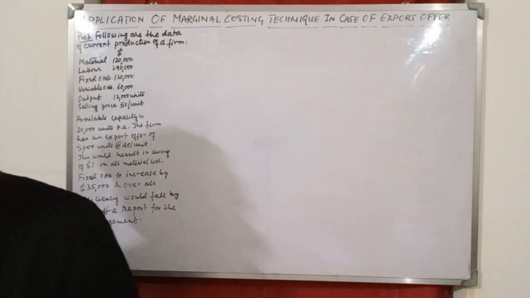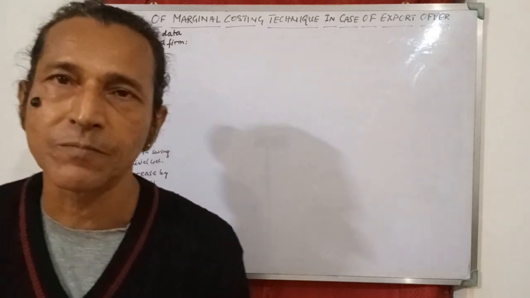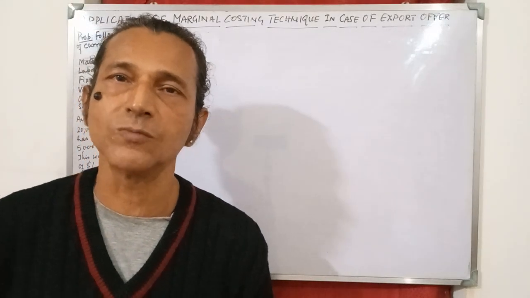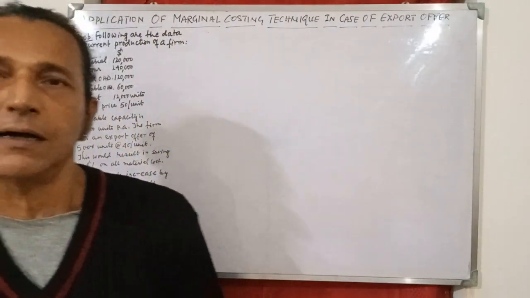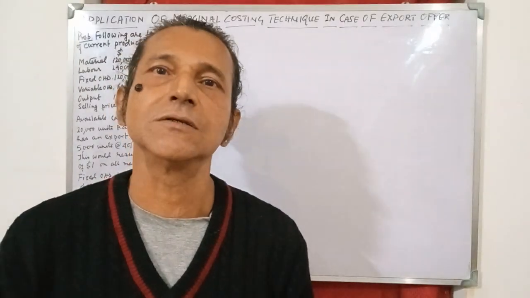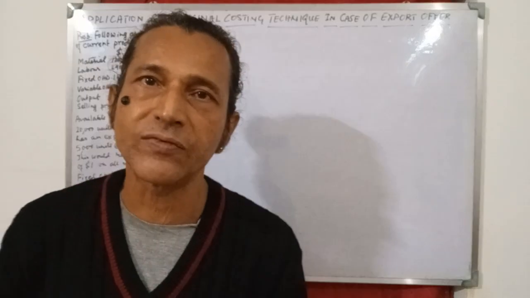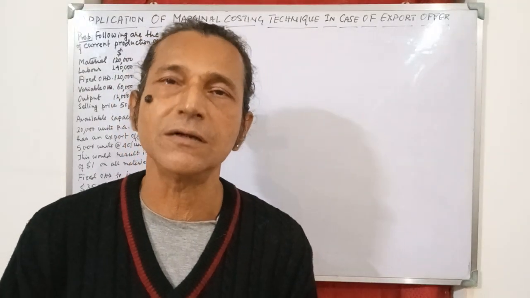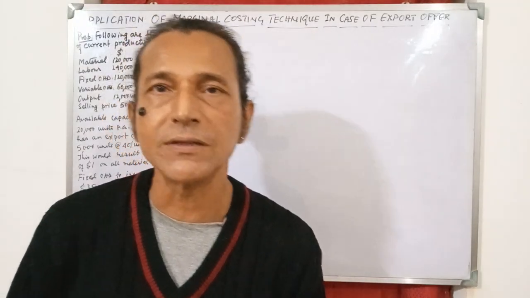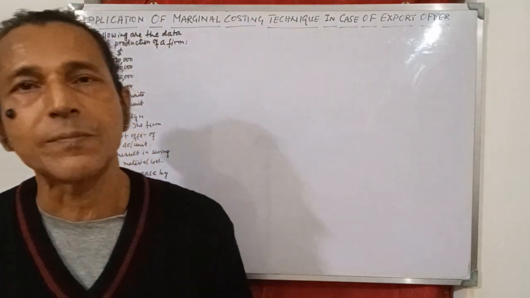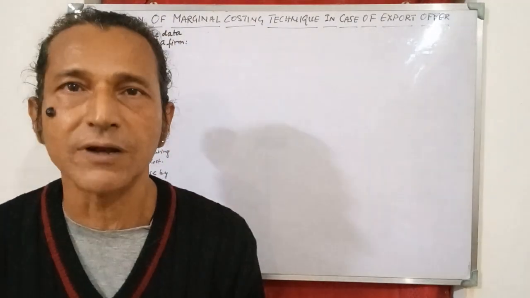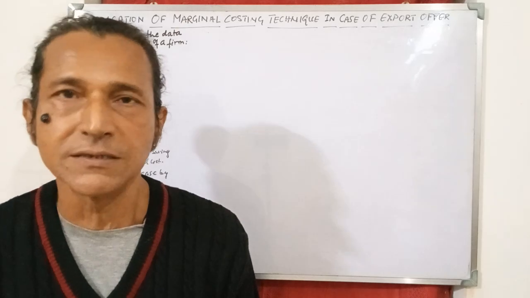Now if that export order is accepted, then the firm has to produce more. The installed capacity of the firm is 20,000 units, and currently the firm is producing and selling only 12,000 units. This means the plant and capacity of the firm is underutilized, isn't it?